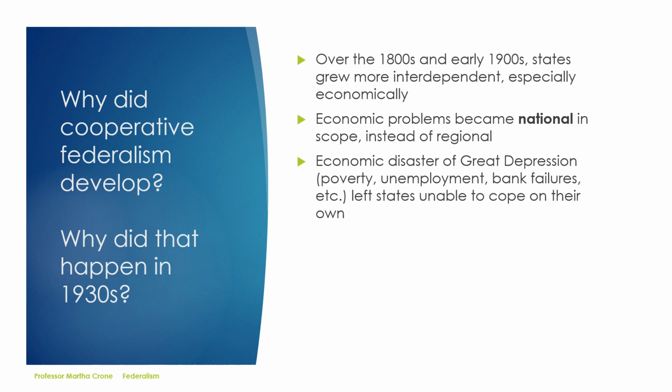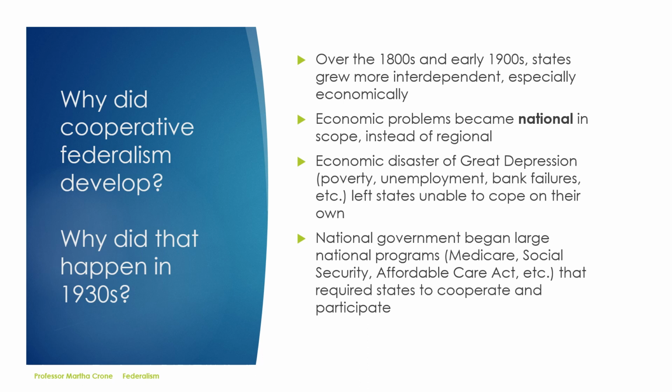It was such a big interrelated economic disaster that one particular state was unable to cope with the problems of poverty, unemployment, and bank failures on their own. Instead, the states began to look to the national government, and the people of the United States began to look to the national government for help.